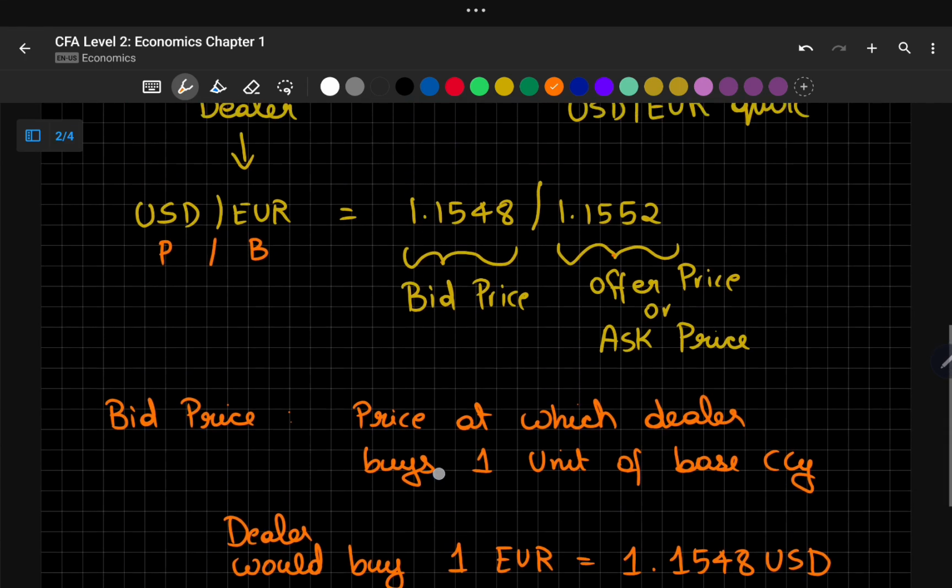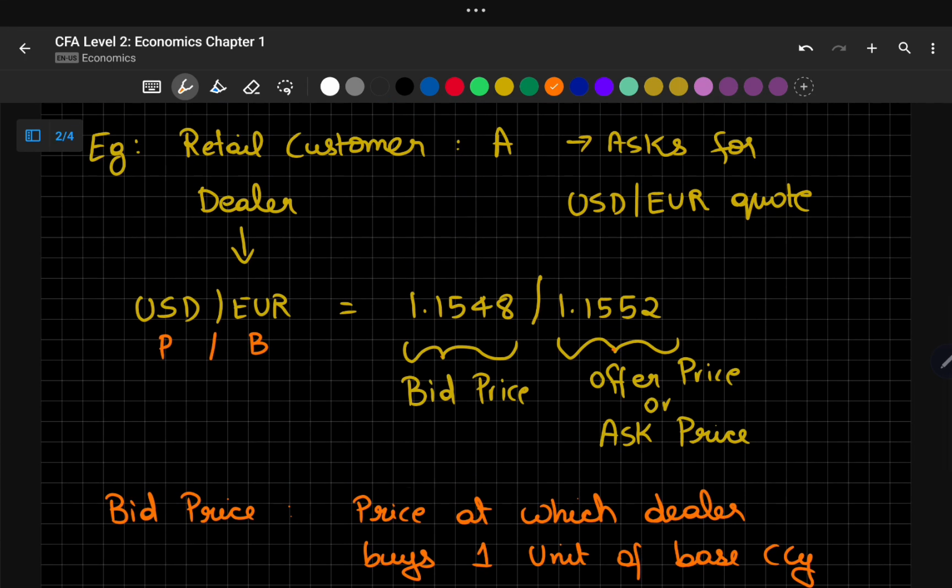So if you look over here, there is a difference of 0.0004 USD. And this difference is the spread. The difference between the bid price and the ask price or offer price is called the spread, and this spread is the dealer's profit.